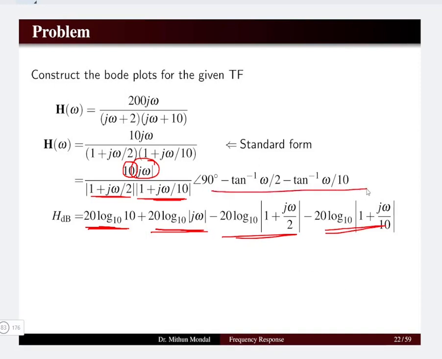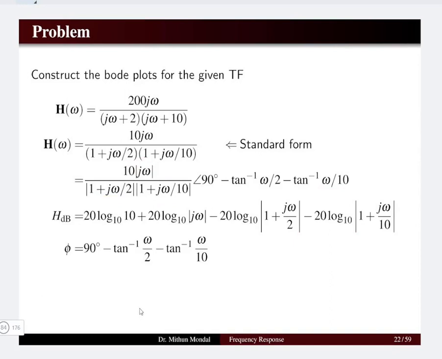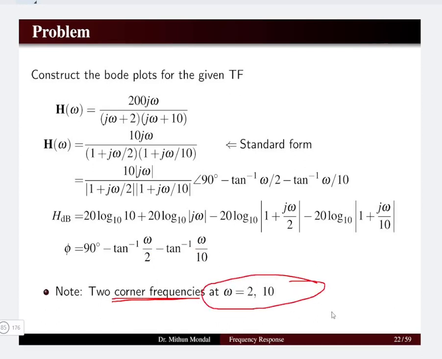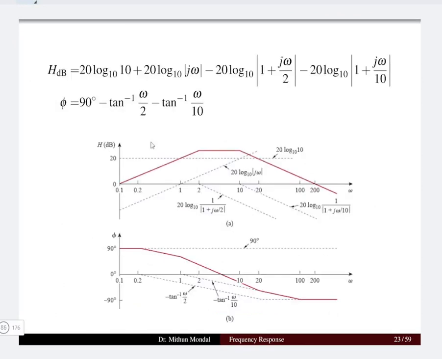And this is the phase. What we have to observe is that in the phase quantity we have two omega points, that is 2 and 10. These are the corner frequencies, 2 radian per second and 10 radian per second. The magnitude and the phase can now be plotted step by step in the graphical procedure, connecting the gain, the zero at the origin, and then the two poles one by one.